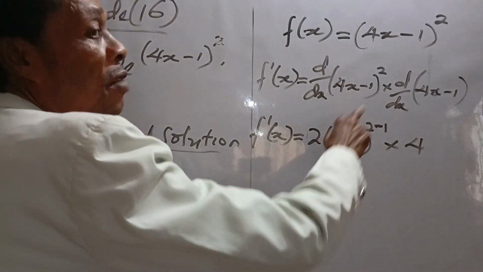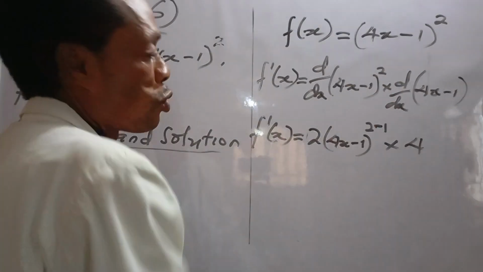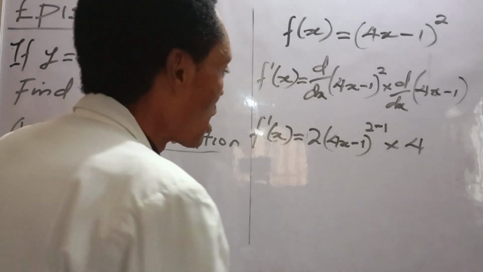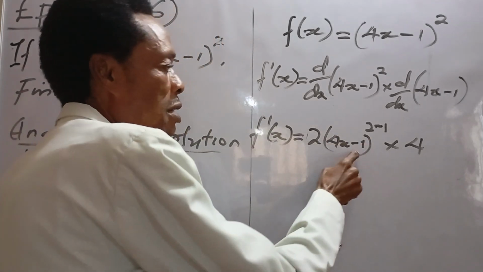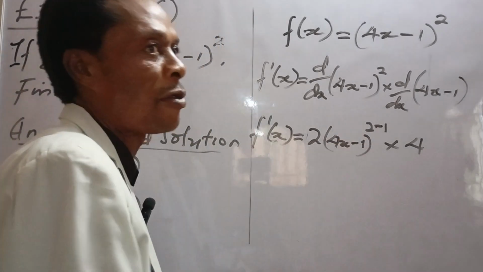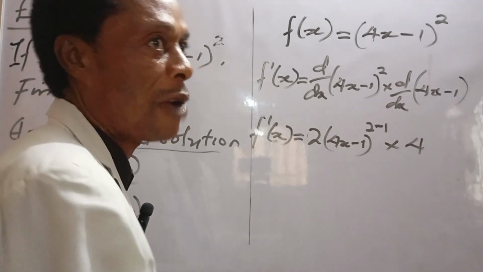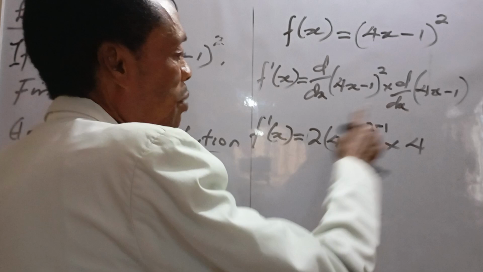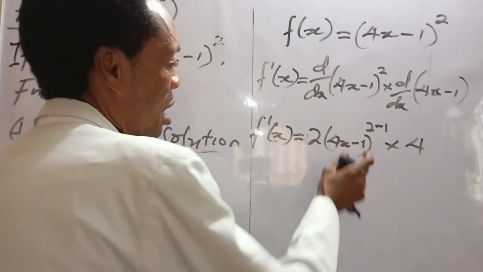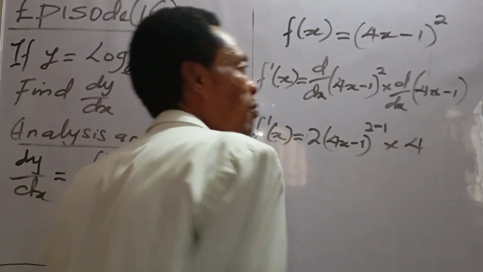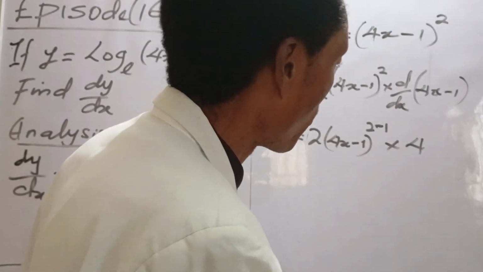Differentiation of the power: you use the power, which is 2, to multiply with the what? The function here, or the factor here. That is 2 times (4s minus 1). Then you subtract 1 from the power, because that is how to differentiate. Then times the differentiation of 4s minus 1, which will give you 4.